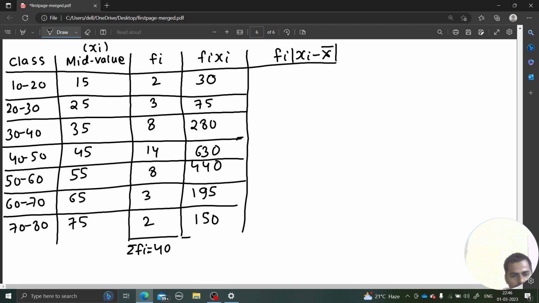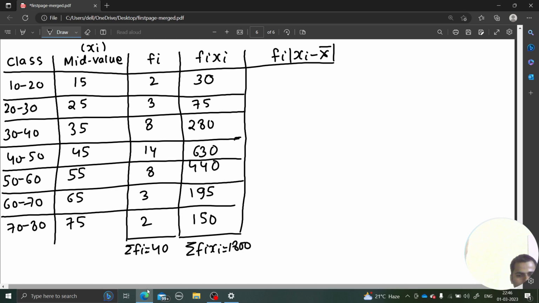Okay. Summation Fi xi, because I have got calculator, so I will prefer to use this. 30 plus 75 plus 280 plus 630 plus 440 plus 195 plus 150. So this one is coming out to be 1800.